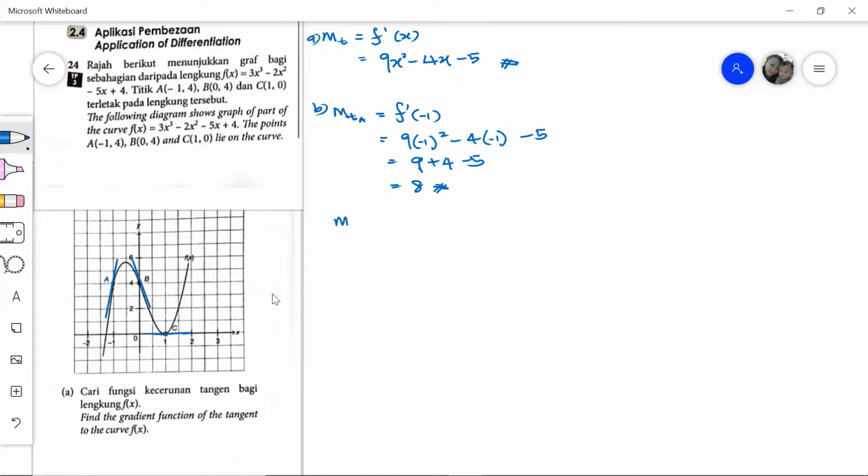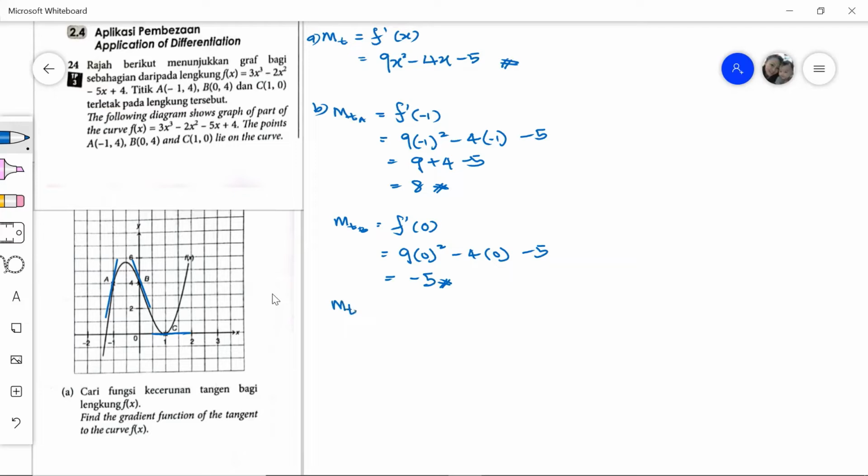The gradient of the tangent to the curve at point B can be found by substituting the x value, which is 0, into the gradient function. Therefore we get -5.